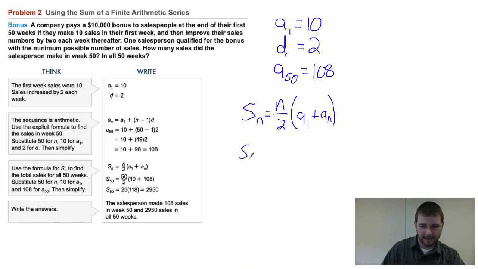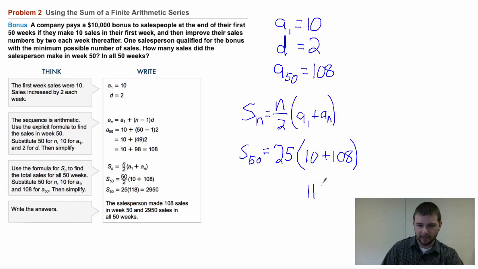So in this case, S sub 50, the sum of our first 50 terms, will equal 50 divided by 2, 25, times our first term plus our last term. Our first term was 10. Our 50th term, 108. Ten plus 108, 118.